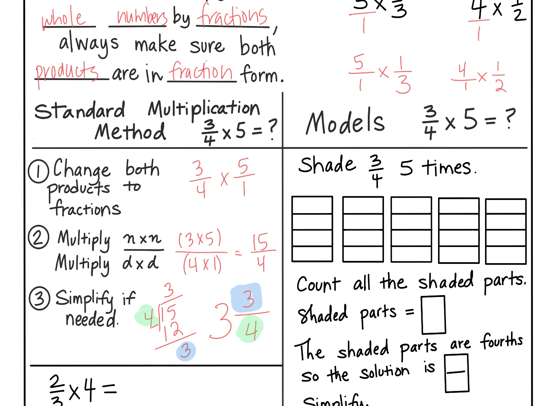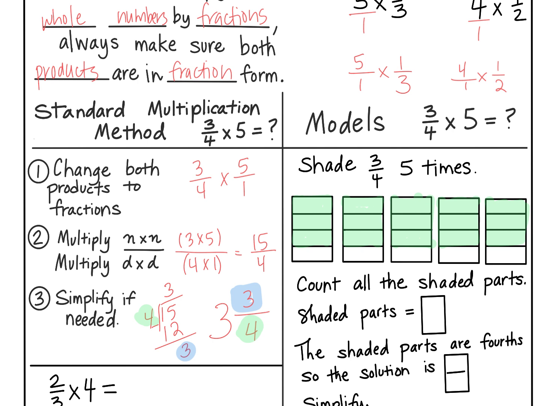Now, what does that look like? Basically, what this problem is saying is 3/4 5 times. So 3/4 times 5. I want to show 3/4 5 different times. So I'm going to shade 3/4 in this model. I'm going to do 3/4 in this model. That's 2 3/4. Remember, multiplication is just repeated addition. 3/4 in this model. I have to do it 2 more times because I want to have it 5 times. Okay.